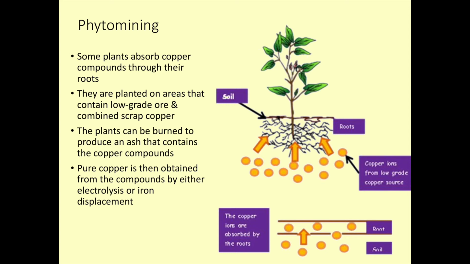And so then this plant has a source of copper in the plant. So what we can then do is burn the plant, and from the ash there will be copper compounds. And we can then obtain the copper through electrolysis or using ion displacement reactions in order to obtain pure copper rather than the copper compound.